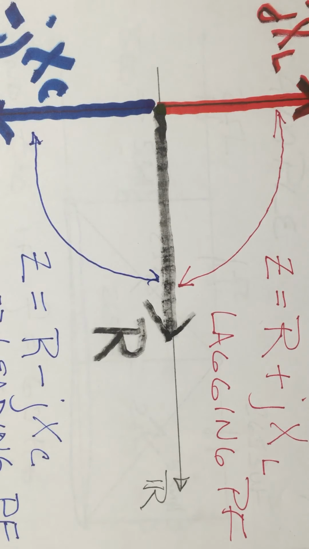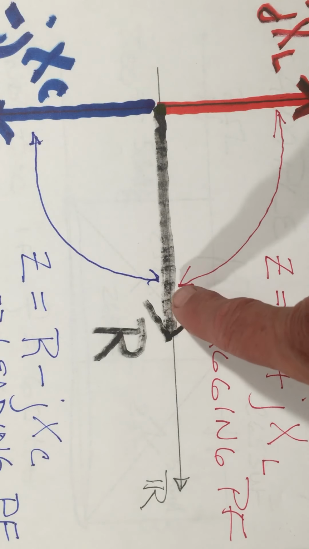Remember, we're looking at RLC networks. If it was strictly an LC network, then it would be either purely capacitive or purely inductive, depending on which one canceled out the other or which one dominated. But in this case, we're strictly going to talk about RLC networks because that's all the networks there are in real power.